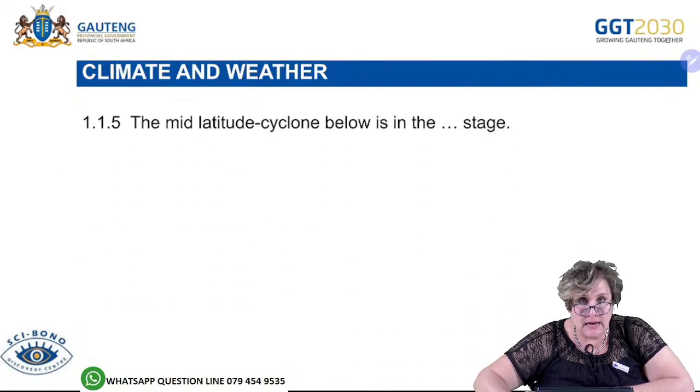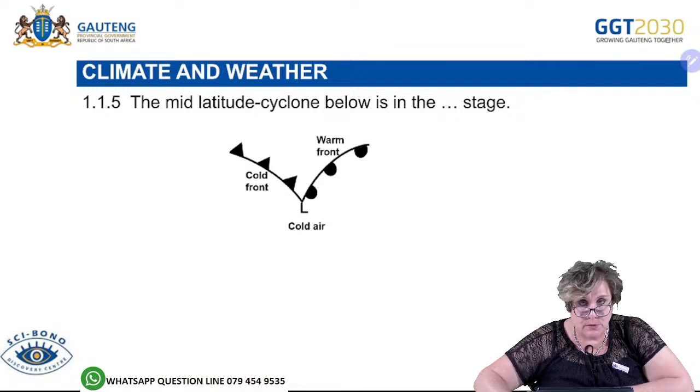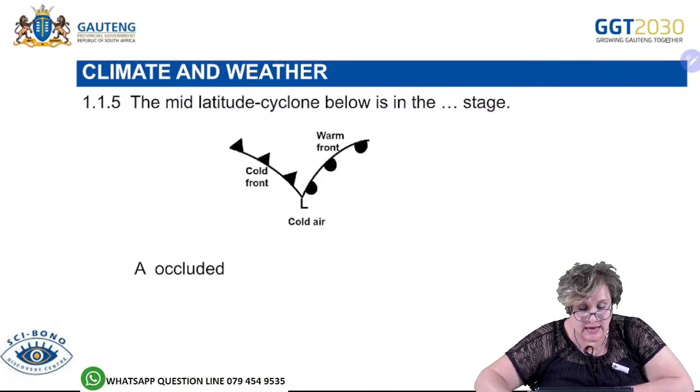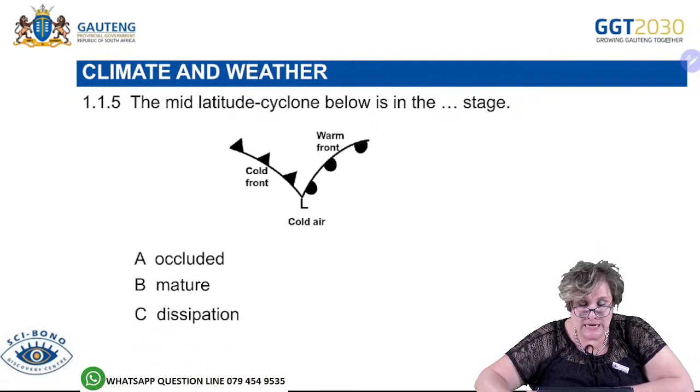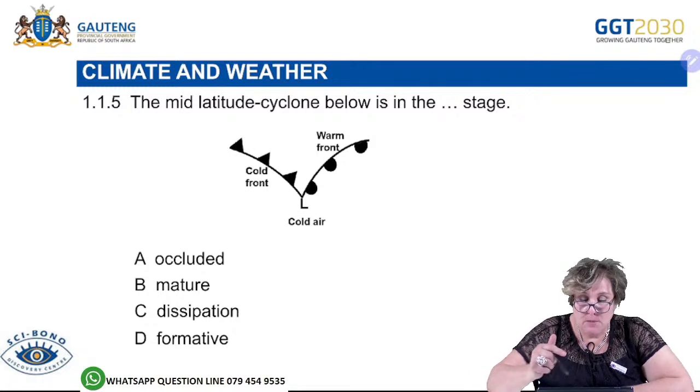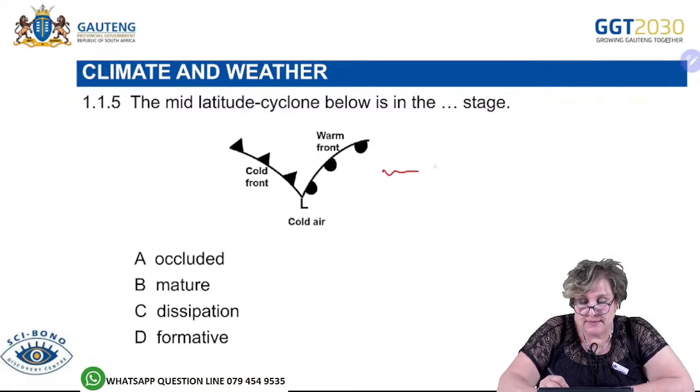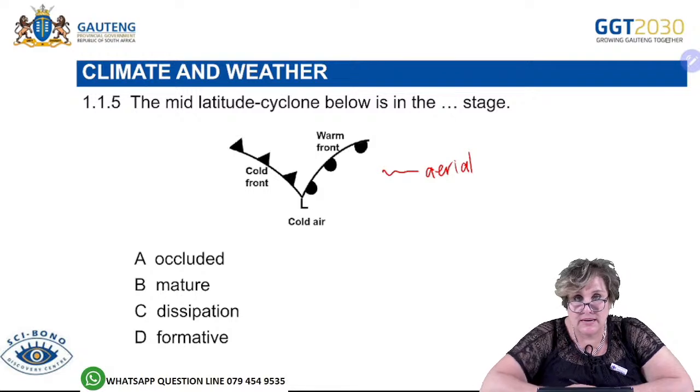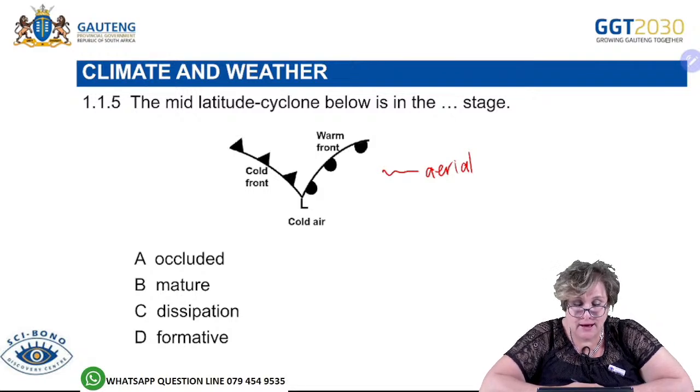The mid-latitude cyclone below is in the A, occluded, B, mature, C, dissipating, or D, formative stage. I want you to clearly look at this mid-latitude cyclone. I'm going to emphasize again, it is the aerial view, so it is a view from above.